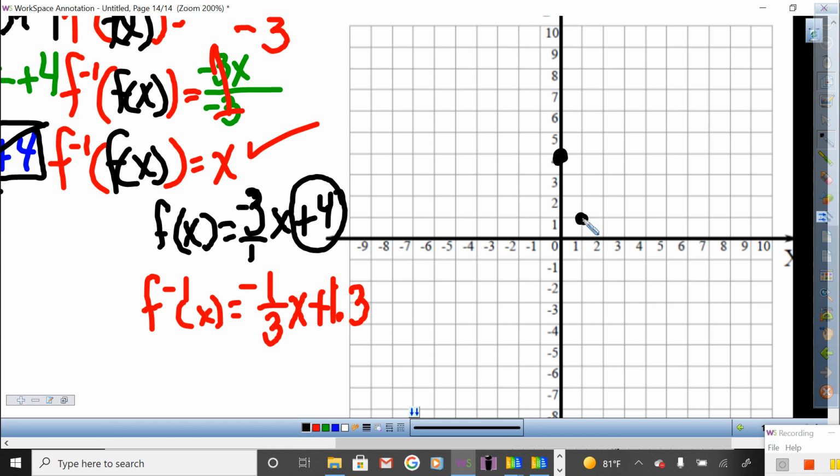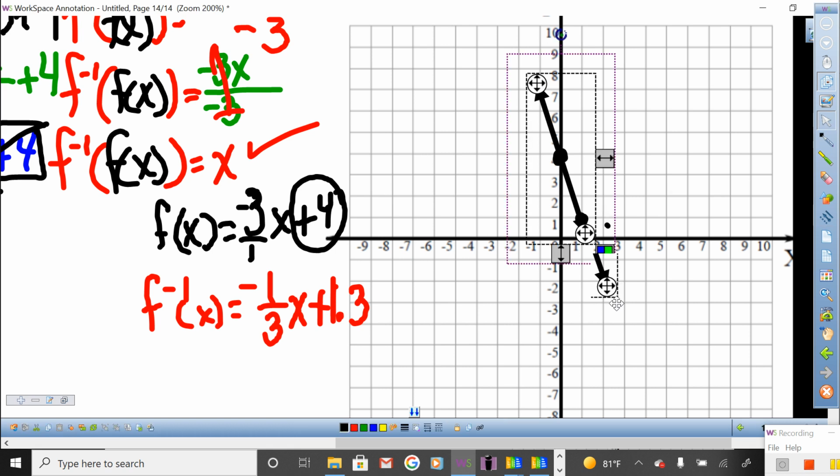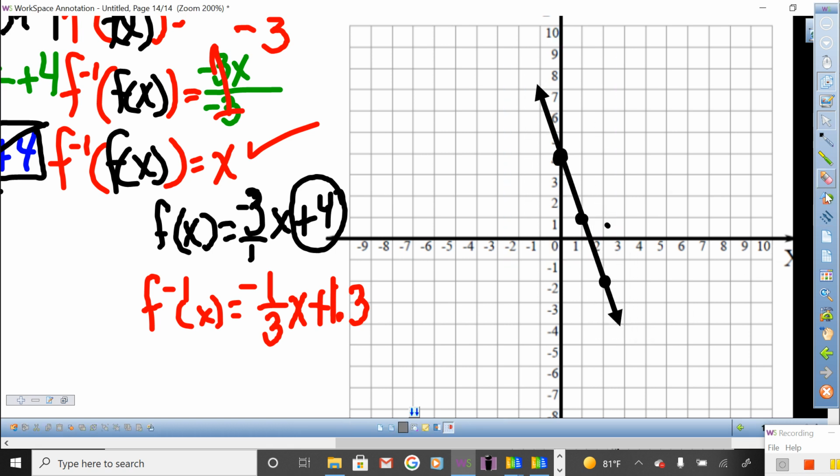Plot your point. Do it again. Plot your point. Graph your line. There it is.